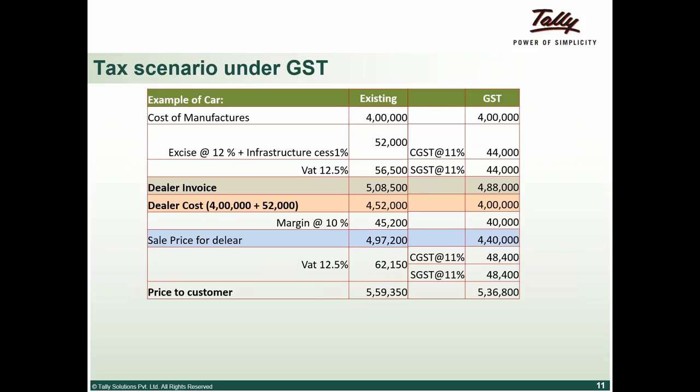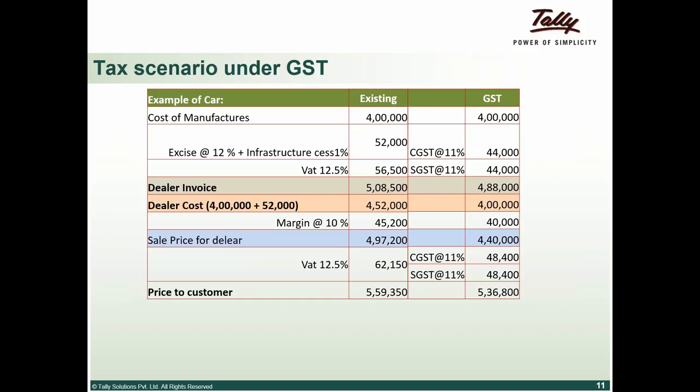So for simple understanding, if the GST rate is 22%, then CGST will be 11% and SGST will be 11%. So on 4 lakh rupees, CGST at 11%, 44,000, is charged, and we will notice here SGST is charged on the base price. It is not base price plus CGST. So both CGST and SGST are 44,000. Now tax on tax is eliminated.